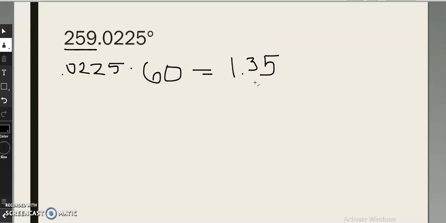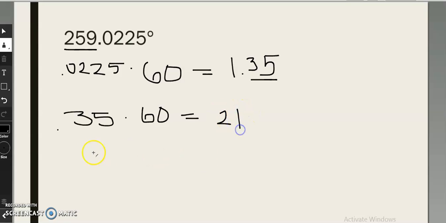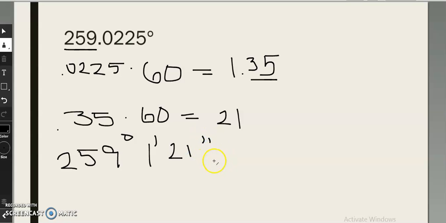So that means I have 1 minute there. Well, I still have this decimal part, so I'm going to take that and multiply times 60 again to get the seconds. And I get 21. So if I rewrote this, it would be 259 degrees, 1 minute, 21 seconds.